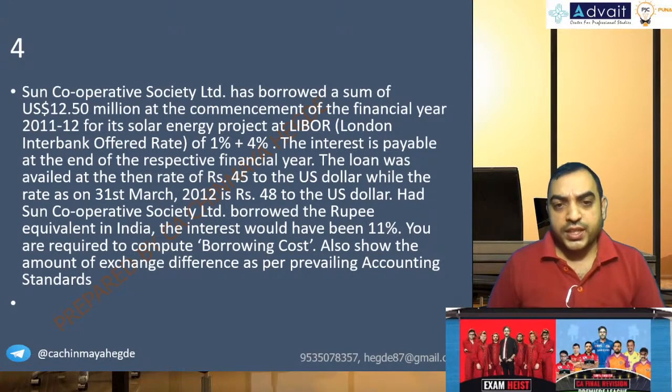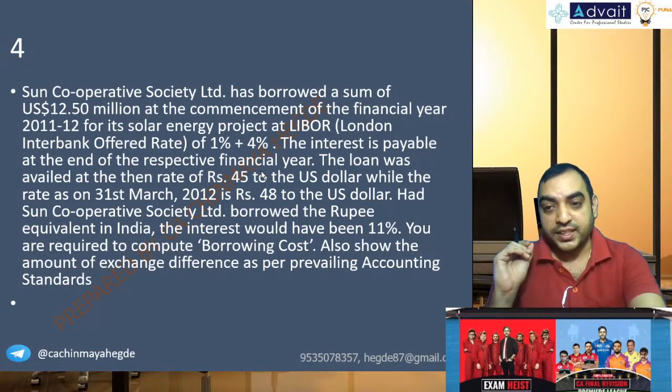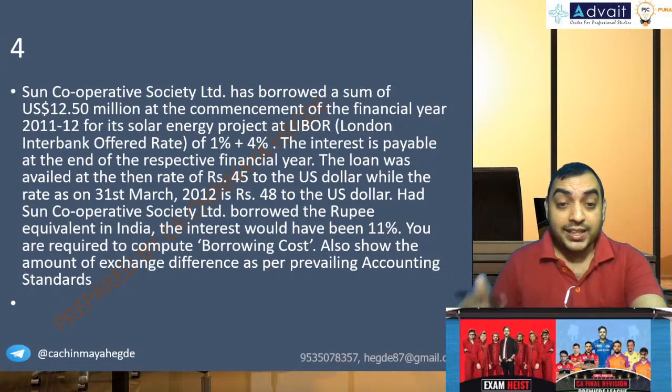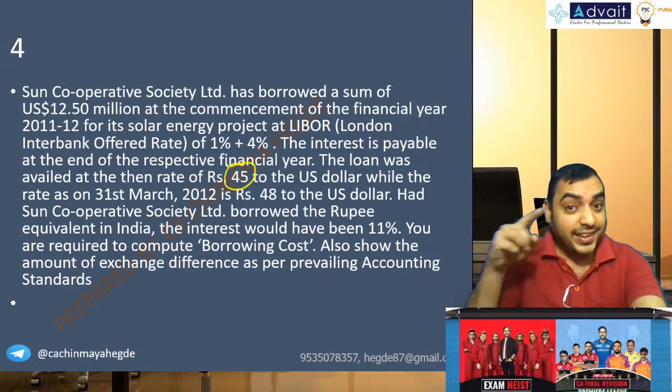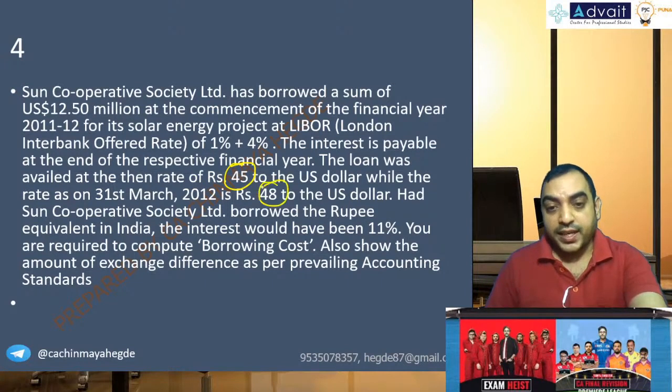Sun Cooperative Society Limited has borrowed a sum of 12.5 million at the commencement of the financial year for its solar energy project at LIBOR 1 plus 4%. The interest is payable at the end of the respective financial year. The loan was availed at the then rate of 45. At the then rate means beginning. And the rate on 31st March 2012 is 48, year end.